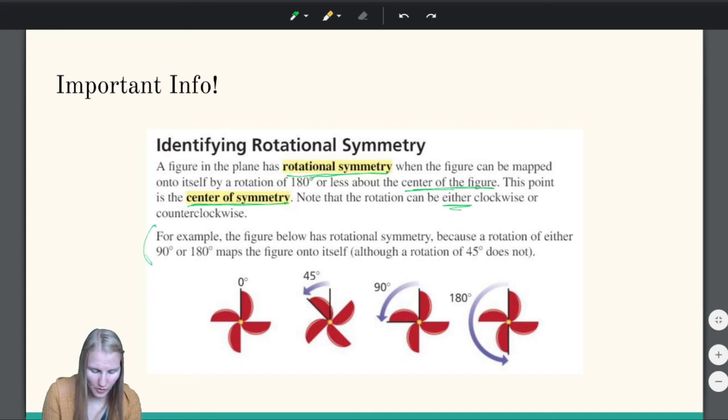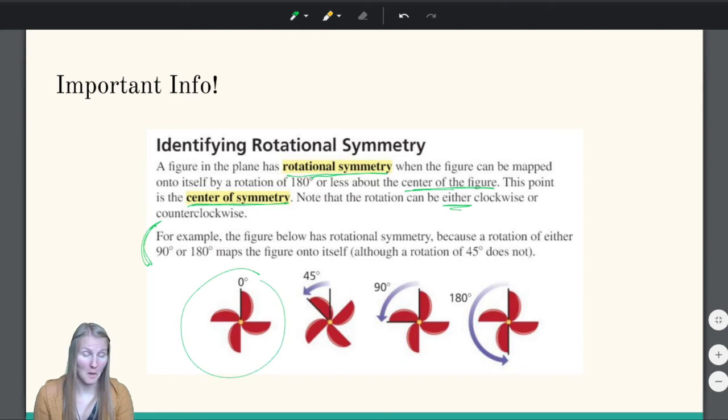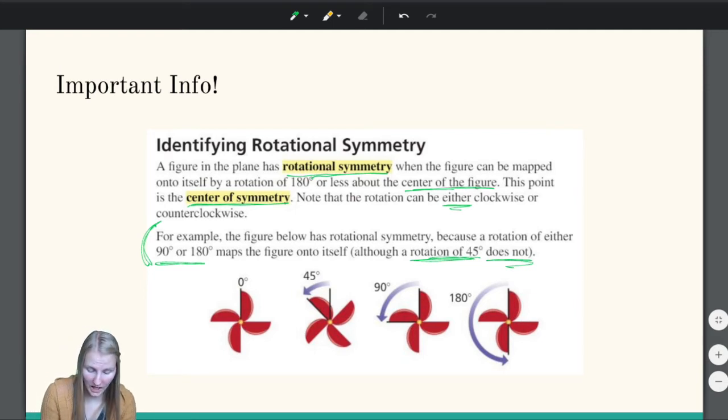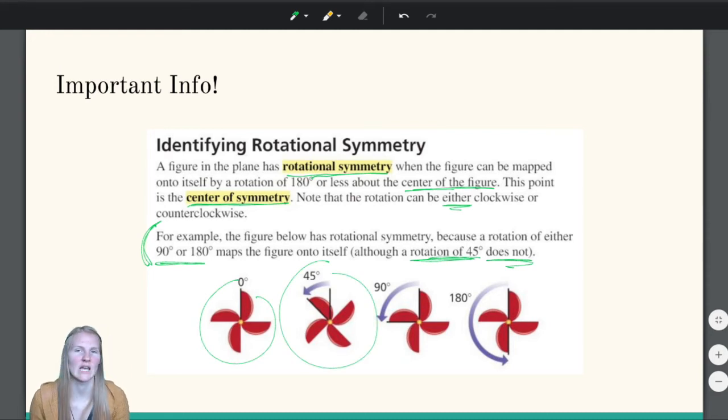Okay, so here's another example. The figure below, this pinwheel, and we've seen those rotate, right? When you blow on them and they spin around. The figure below has rotational symmetry because a rotation of either 90 degrees or 180 degrees maps the figure onto itself. A rotation of 45 degrees does not. So I could rotate this pinwheel 45 degrees, but it won't look exactly the same.